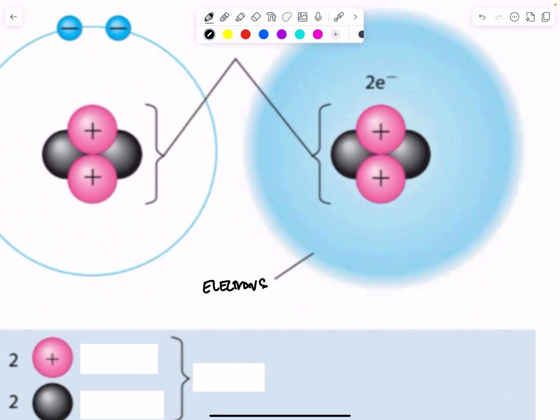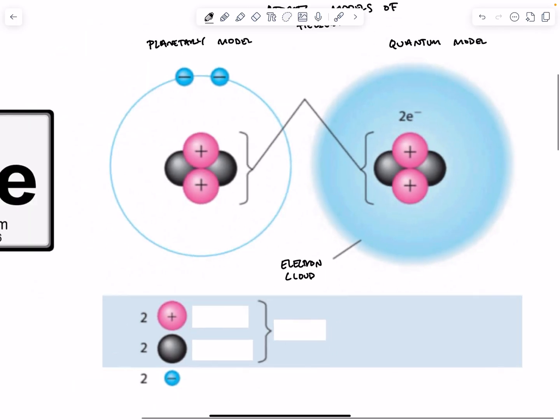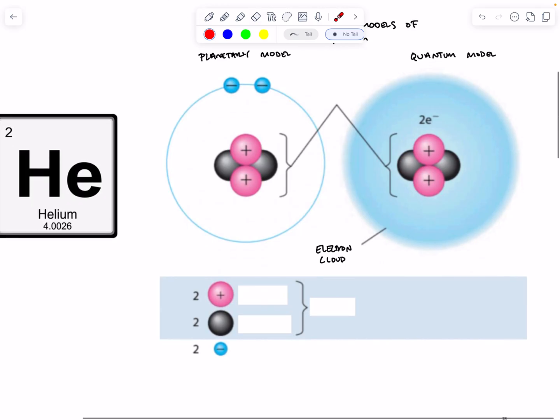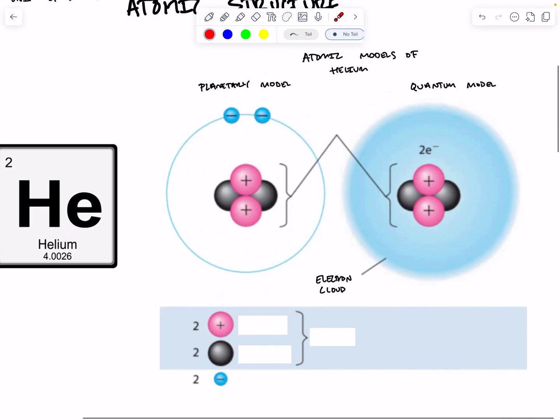And they could be anywhere, but they're most likely to be in the darkest shaded regions of the model. Okay, so two different models, both of helium, each showing us similar information. The only difference being here we have an electron cloud and here we have discrete electrons.